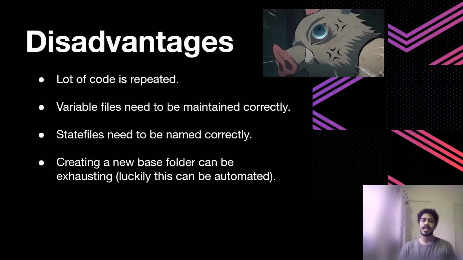Creating a new folder can get exhausting because we have to define a provider, the remote data source, locals, and variables. So it takes a lot of time to just get to writing the actual code that you wanted. Luckily, I was able to automate this since we had a lot of repetition. I basically just wrote a bash script that created these templates, taking names from the arguments.